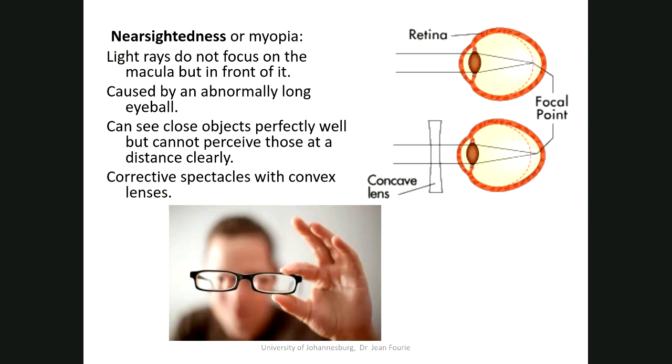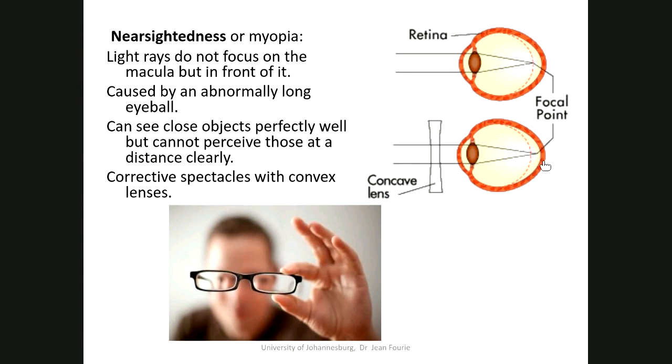Nearsightedness, its medical term is myopia. With myopia, light rays are not focusing on the retina properly. They are focusing in front of it, instead of on the retina at the back.